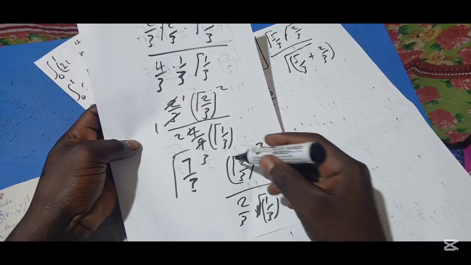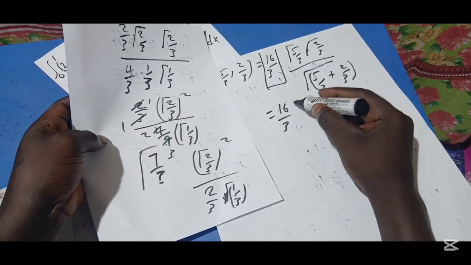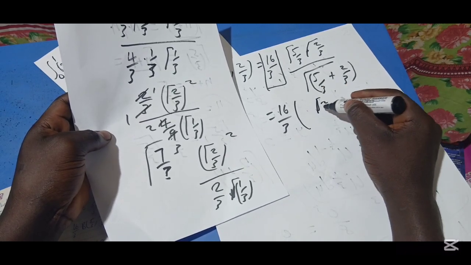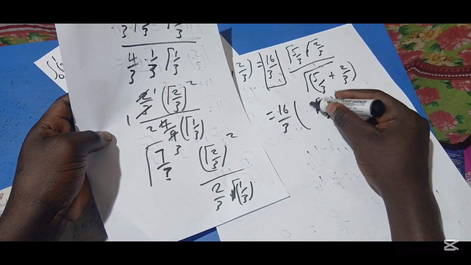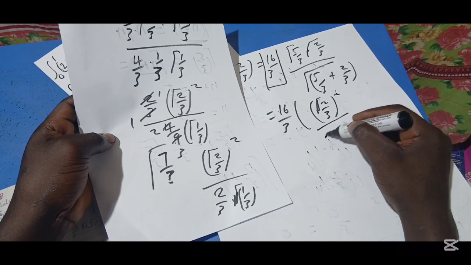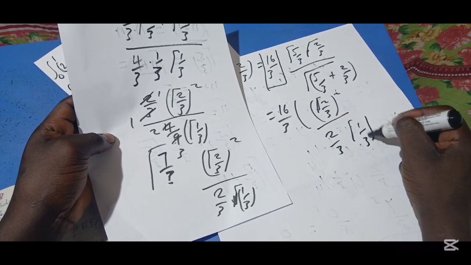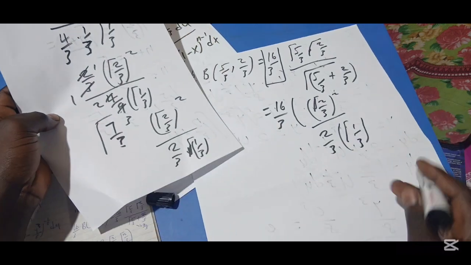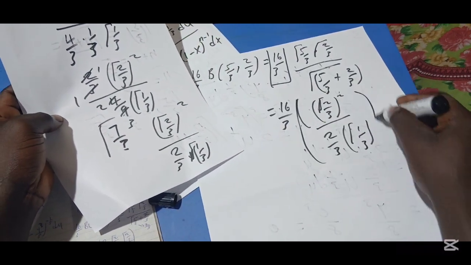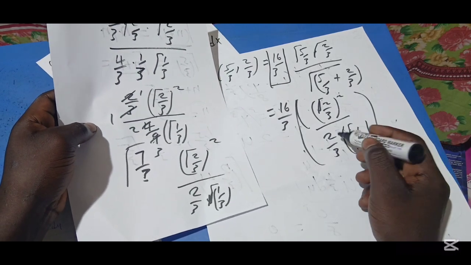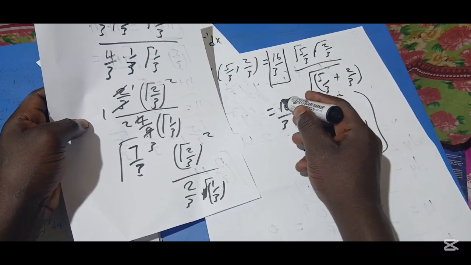So we've simplified all of this up to a point where we got 16 gamma 2 on 3 all squared all over 2 on 3 gamma 1 on 3. And according to basic math too, this 2 here at the top has the right to cancel this here.